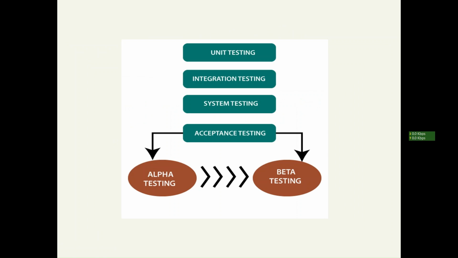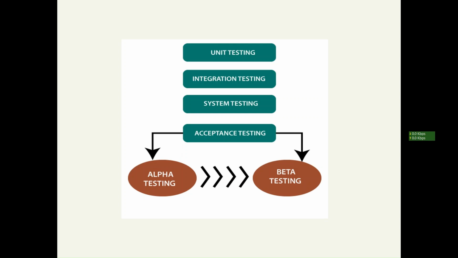User acceptance testing is divided into two: alpha testing and beta testing. Alpha testing means testing in the company environment. Beta testing is testing in the customer environment.